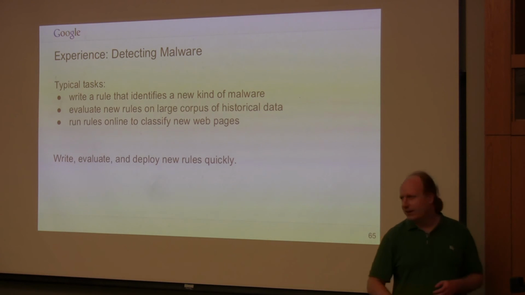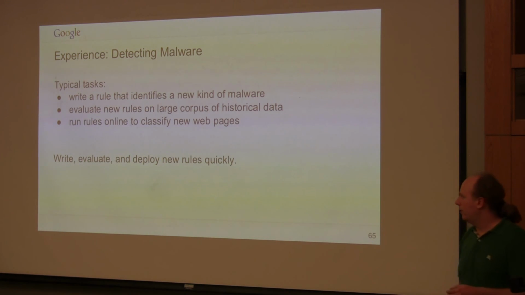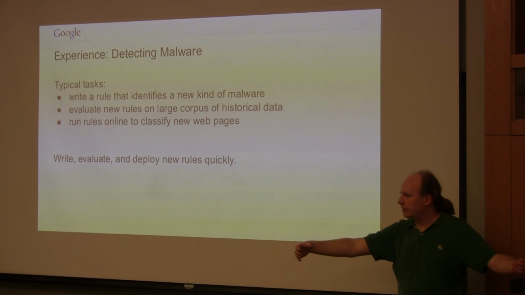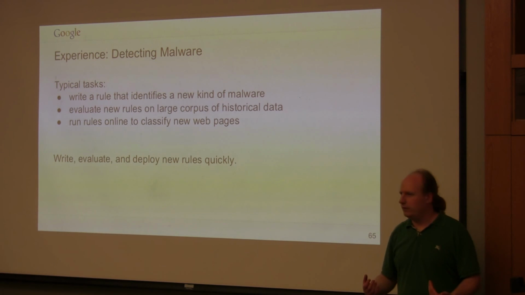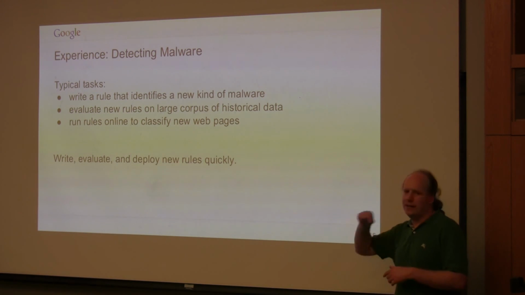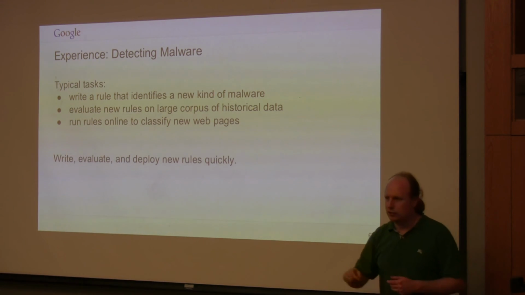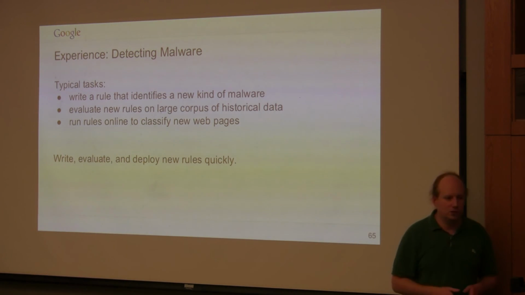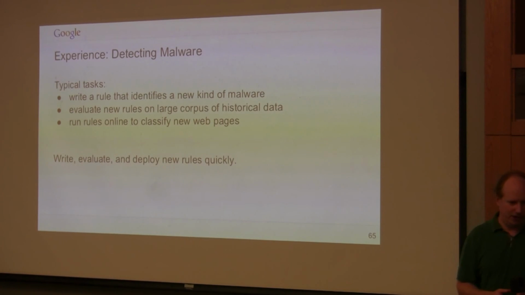If we say all these Windows binaries down here are malware. And then once they have run this over enormous amounts of historical data and not found any false positives, then they can deploy this and use the new detection rule online when new web pages, new binaries come in to judge whether these things are bad or not.